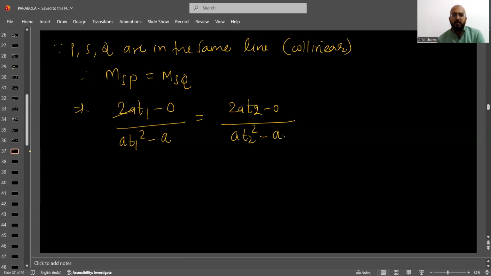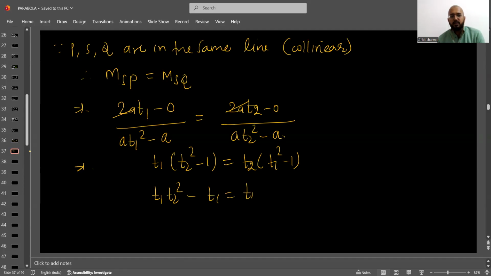Now we can cancel 2a from both sides and take a common. So I'll have t1 into (t2 square minus 1) is equal to t2 into (t1 square minus 1). Now I can write t1 t2 square minus t1 is equal to t1 square t2 minus t2.